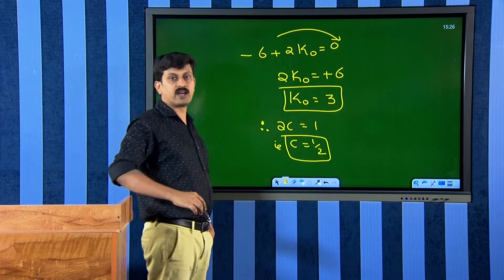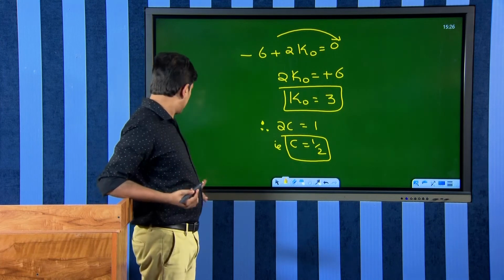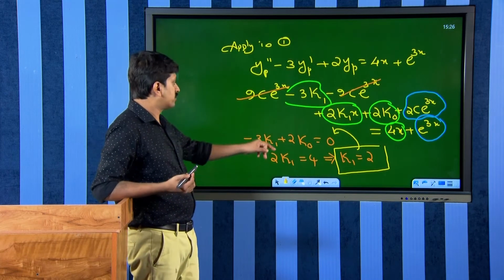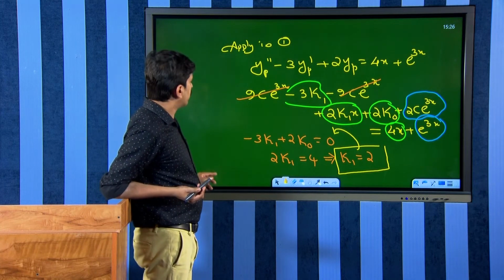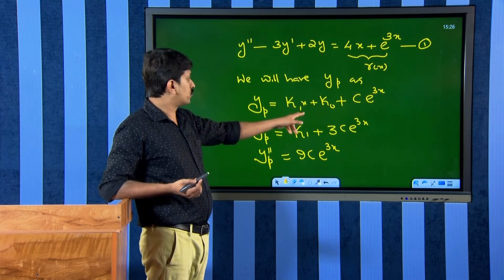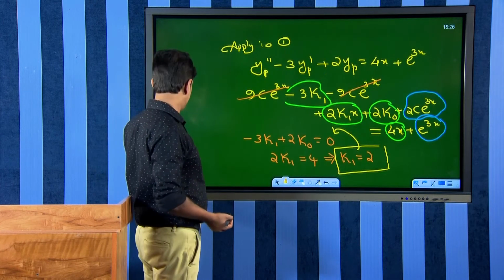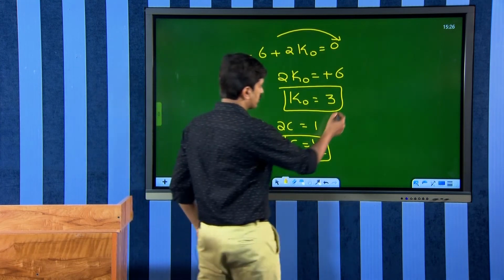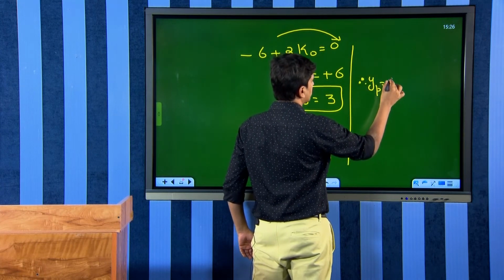So we found the value of yp. We have k0 equal to 3, c equal to 1 by 2, and k1 equal to 2. Therefore, we will have the particular solution yp is equal to 2x plus 3 plus 1 by 2 e raised to 3x.